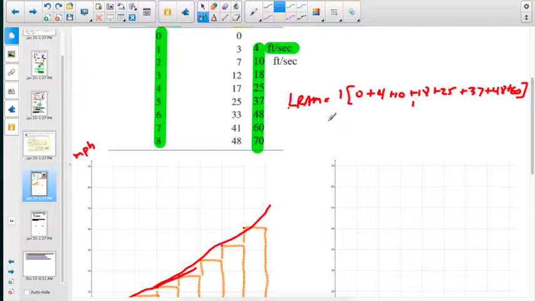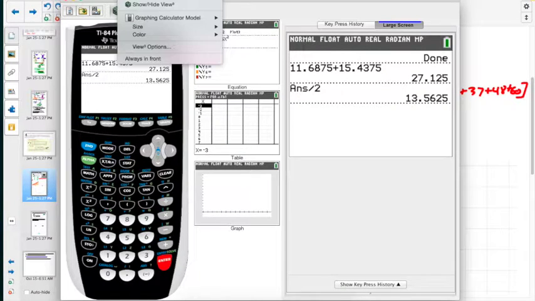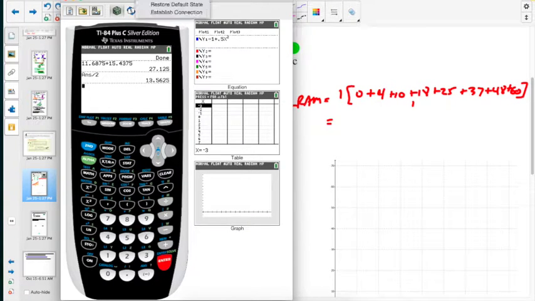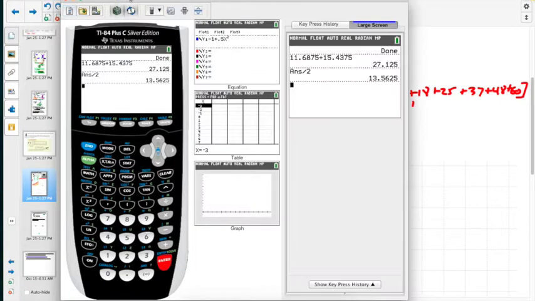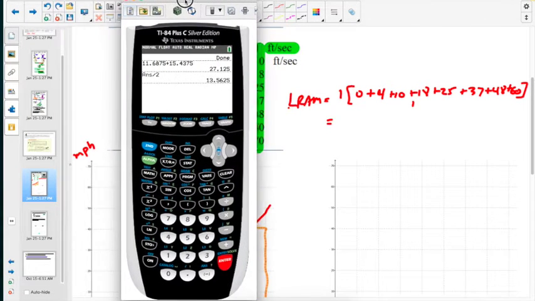And so when we put that data into our graphing calculator here, there we go.